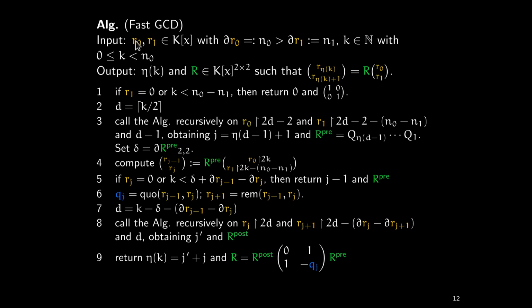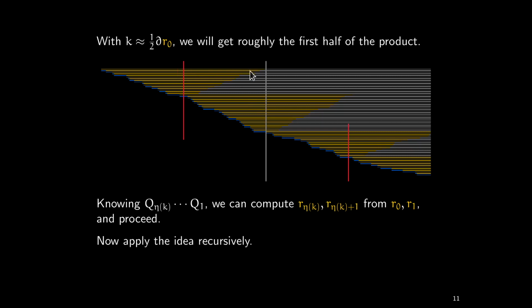So I chop from R and R1 the topmost coefficients, just the ones that I need. So this is what you see here. I'm cutting away everything that is in this area because it's not necessary in order to get to this point.